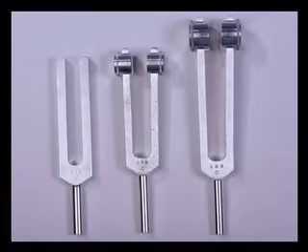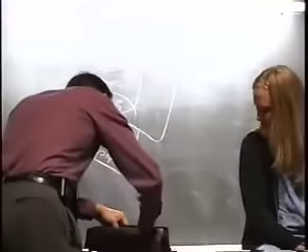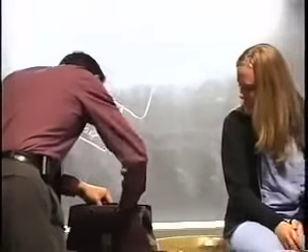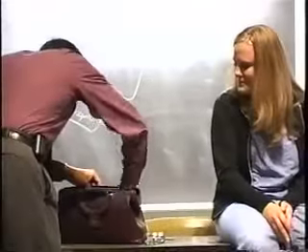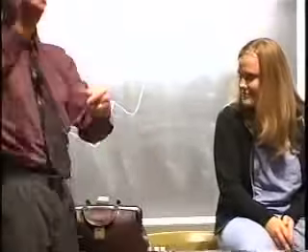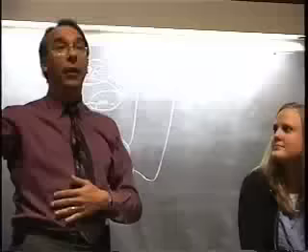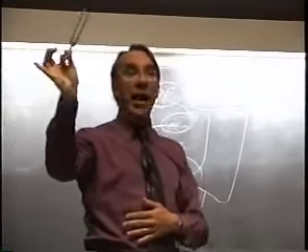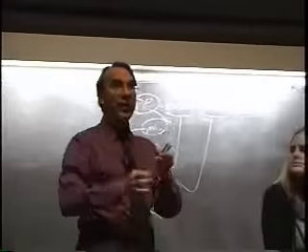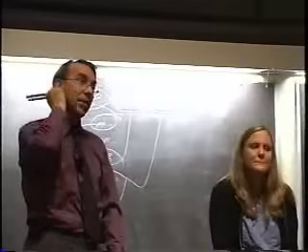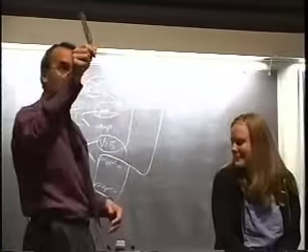Tuning forks. Got all kinds of tuning forks. Let me show you. All right, here's one. It's very high frequency, 512. And this is the one we use the Weber and Rinne test on. So we don't use that one.